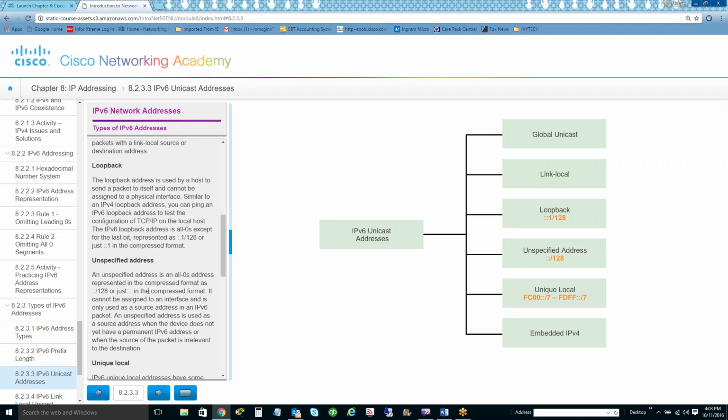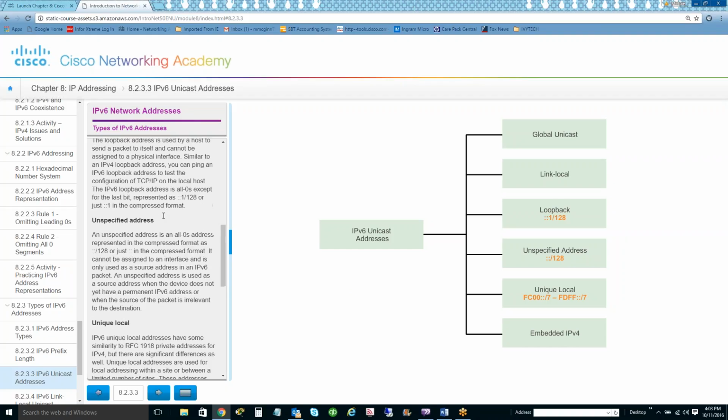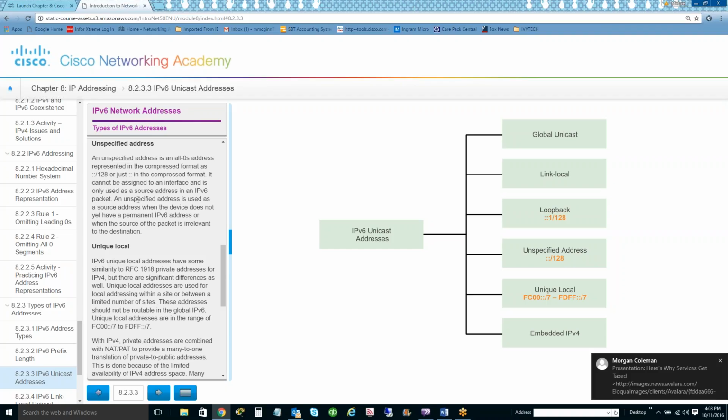So the loopback address is obviously a testing address, and an unspecified address is used as a source address when the device does not yet have a permanent IPv6 address or when the source of the packet is irrelevant to the destination.